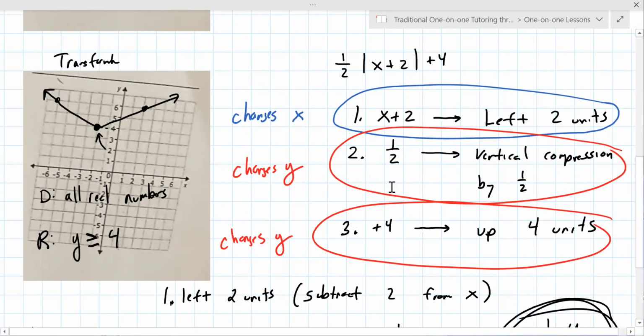Did you get these 3 transformations written down? The one in blue, the one in red, and then the other one in red. There's no space, so no. Okay, well, you're gonna have to write them somewhere else. Okay, I will write them somewhere else.